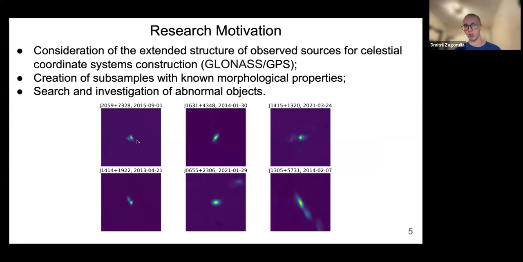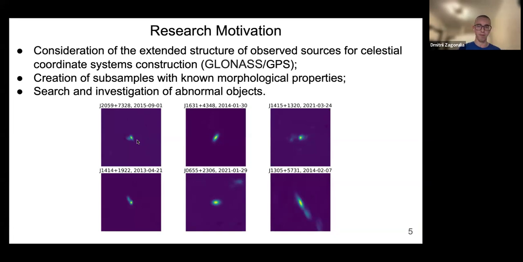Now about our research motivation. Besides the obvious astrophysical interest of researching active galactic nuclei, there are also other applications. For example, due to the fact that AGNs are located very far away from the Earth, their angular velocities could be neglected, and they're often used as reference points for Earth navigation.